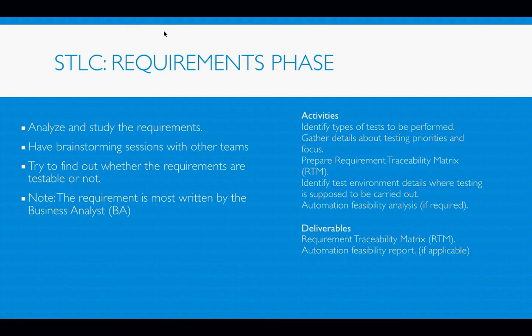Then you come together and have a brainstorming session, or whatever you call it. Some people call it three amigos, where the BA, the developer, and the tester come together and review that requirement, depending on which methodology you use, whether waterfall or agile.